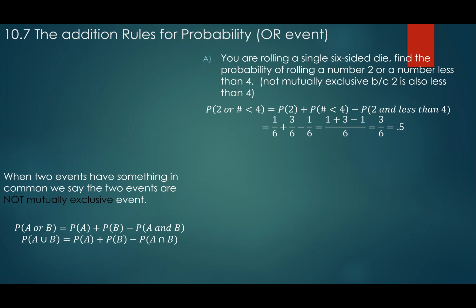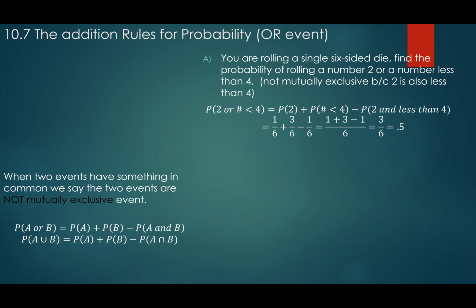Okay, so the difference between this problem versus the other one, if you remember the other one, they ask you to find the probability of number 1 or the number greater than 4, right? Last time we have the number bigger than 4, which does not intersect with the number 1 because 1 is not bigger than 4.